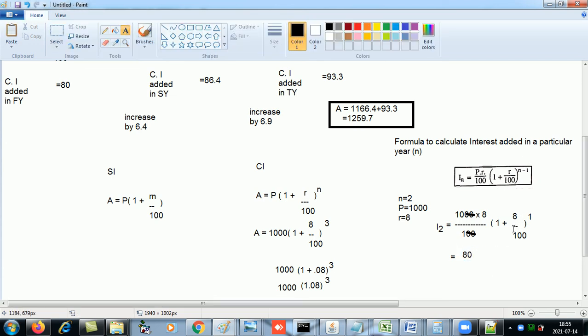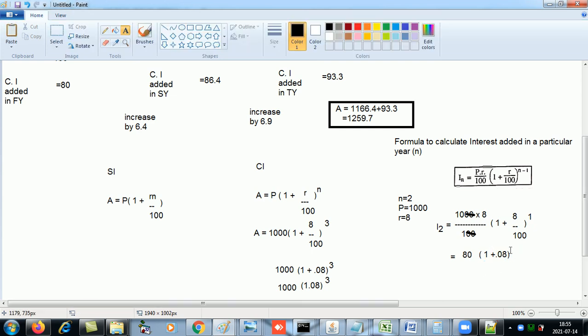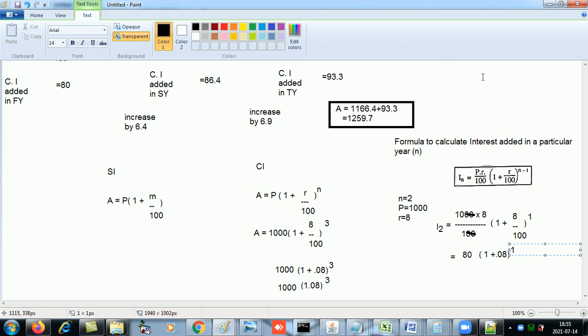Okay, now first let's divide first. So this will become 1 plus 8 on 100 is 0.08, and anything to 1 is the same number. So a raised to 1 is a.